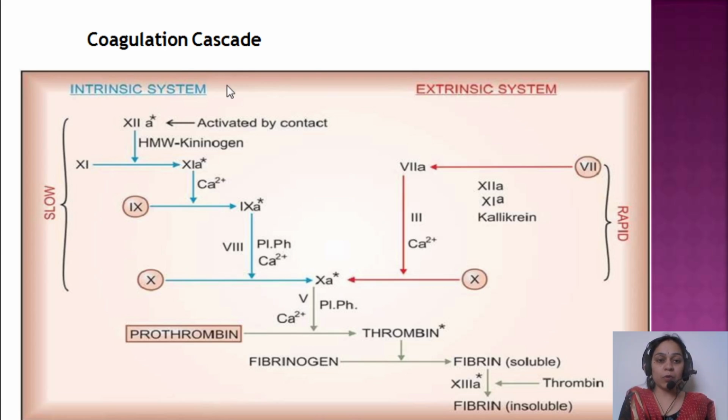Two pathways are involved in the coagulation cascade. First one is the intrinsic system and second one is the extrinsic system. These two pathways eventually merge into a common pathway in the final stage of clot formation.